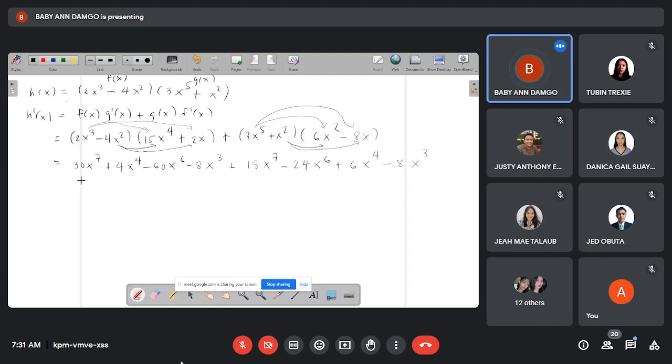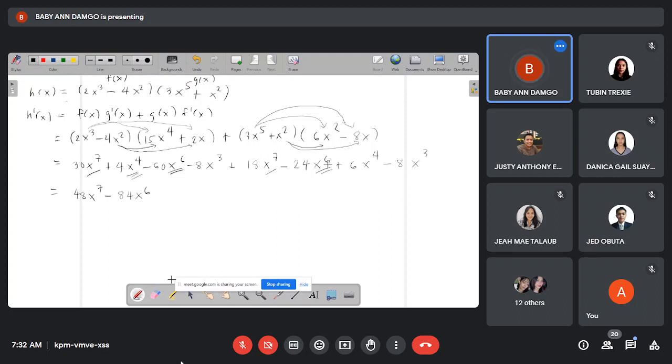Okay? So, simplify. Combine like terms. This is 48x to the 7, plus for the x to the 6, minus 84x to the 6.